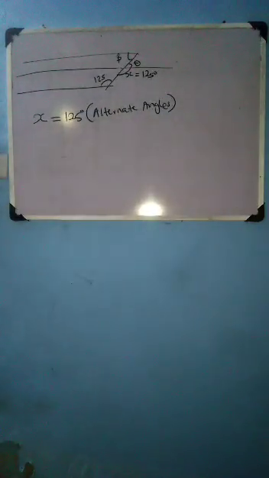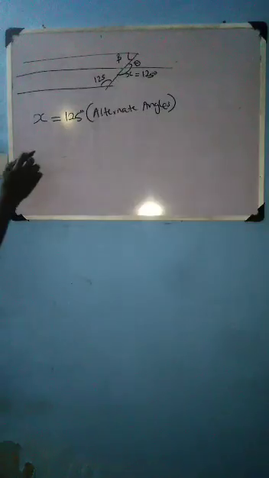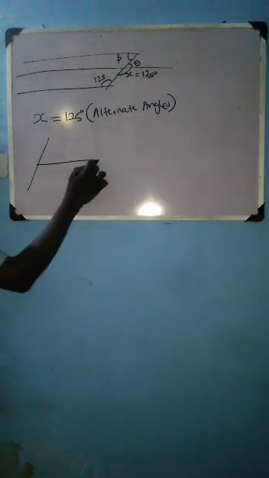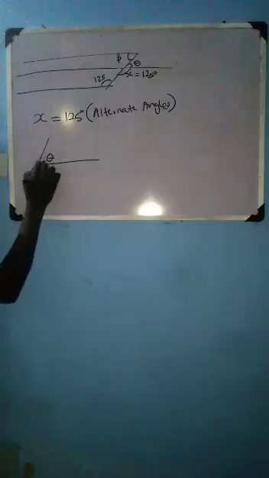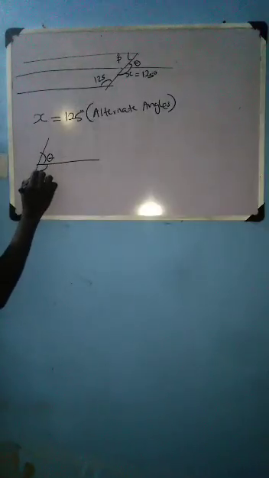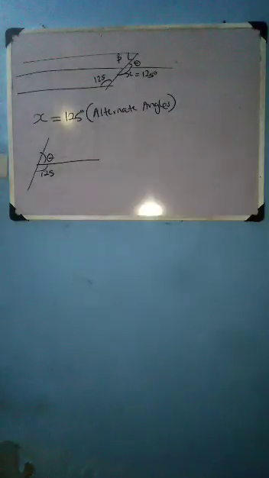Now you've gotten x. Let's find theta. So we have something like this now. You have here theta, and you have here 125. Right? So remember, this line is a straight line.